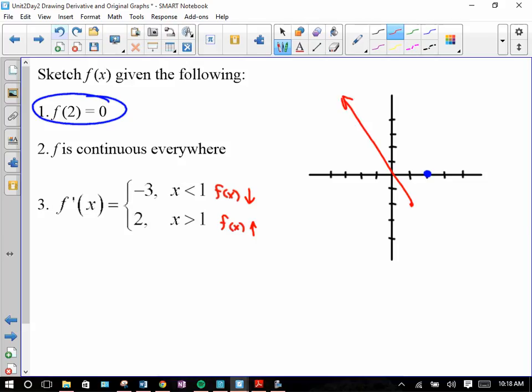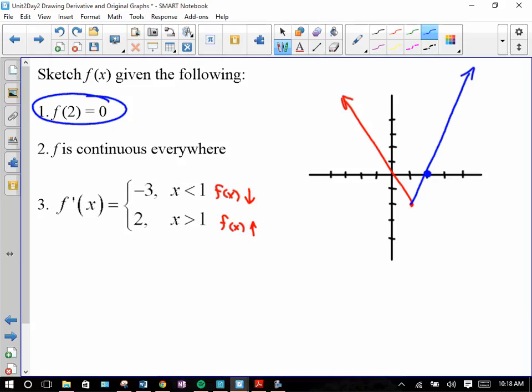Alright. And so we're going to put a corner. And we'll make it look like that. Alright, notice x is larger than 1, f of x is increasing because it's positive.